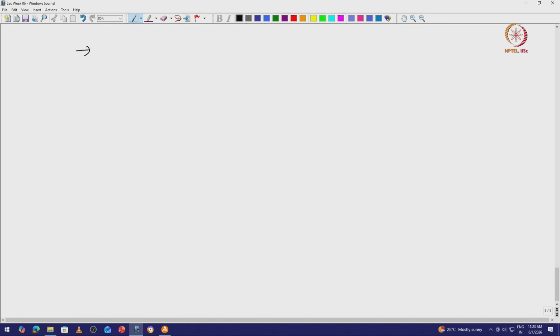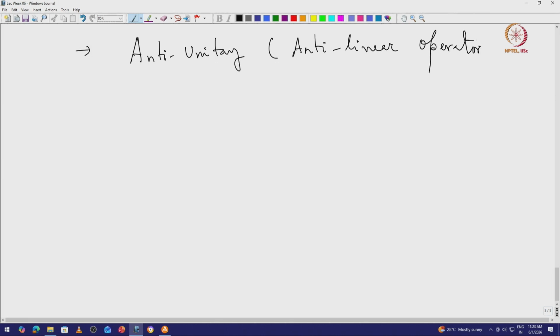Now comes the interesting one, the anti-unitary and anti-linear operator. So, there are 2-3 proofs that we may have to do, and some of them I can leave for you to do as homework.